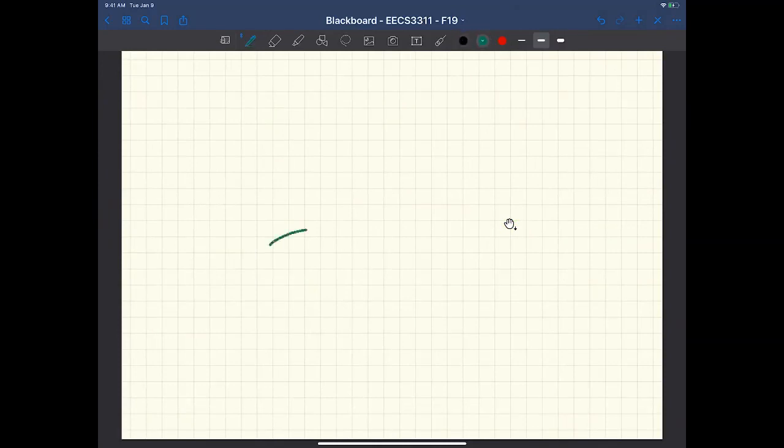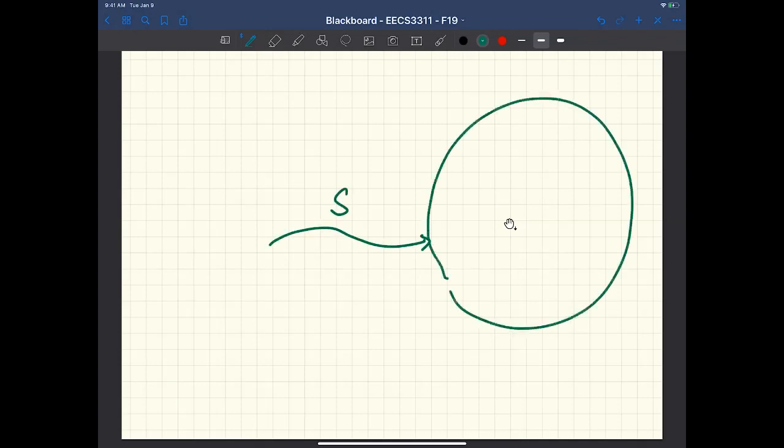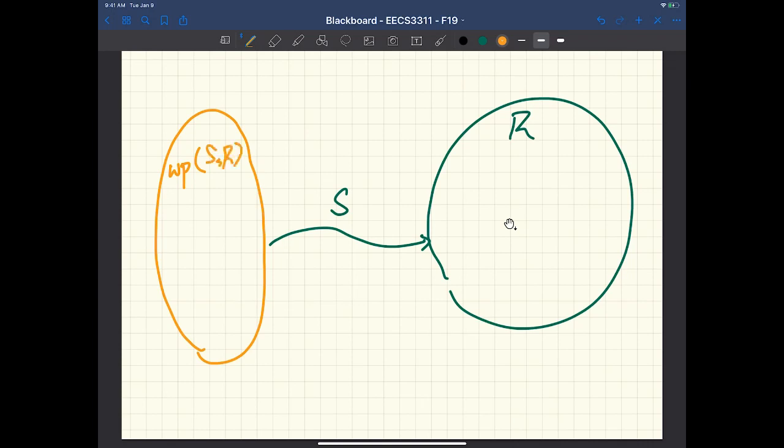Imagine that this is your program S. This is the set of states that's specified by your post condition R. And assuming that we have a way to calculate the weakest precondition over here, starting from any of the satisfying states in this orange part, WP for S to establish R. However, what if my precondition conceptually looks like this?